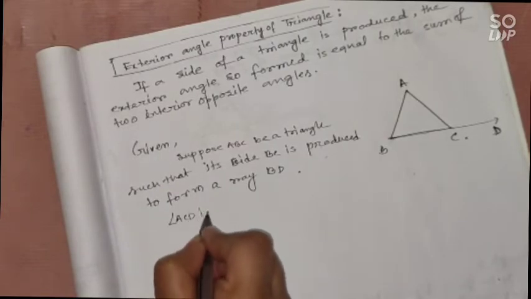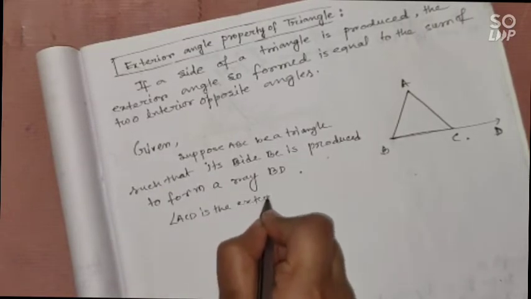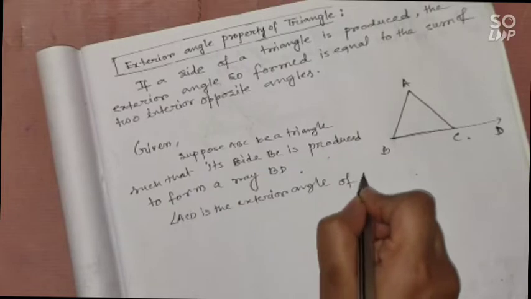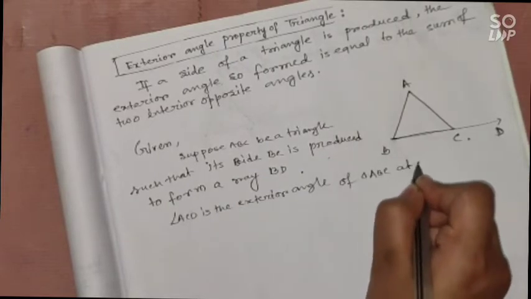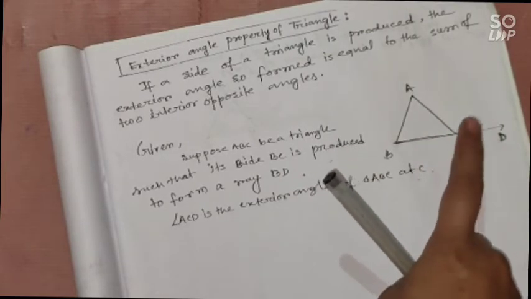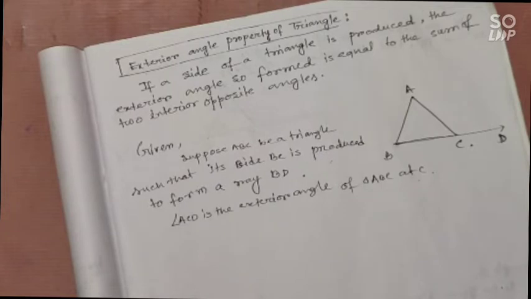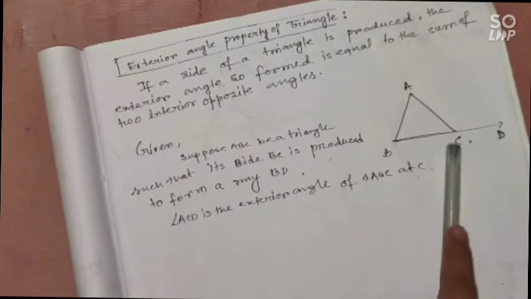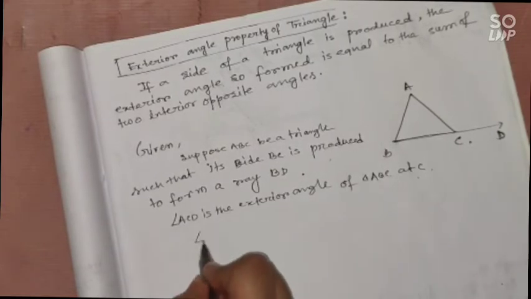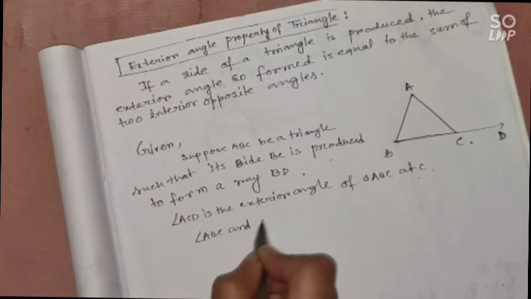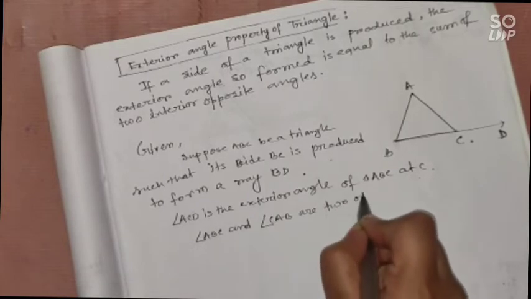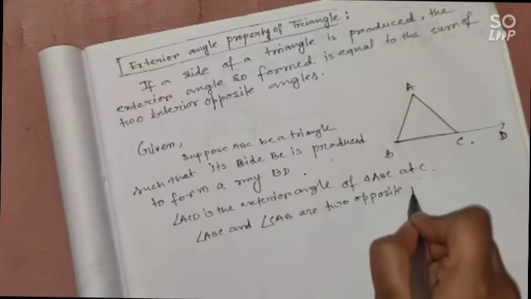Angle ACD is the exterior angle of triangle ABC at C. This angle is the exterior angle created at C. And the opposite two interior angles are angle ABC and angle CAB.